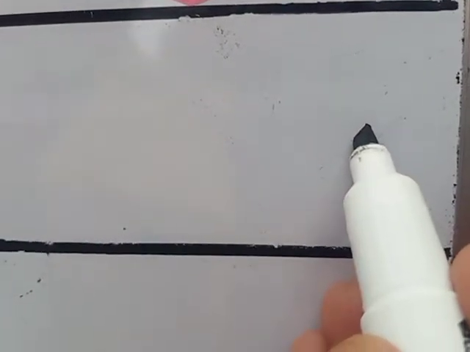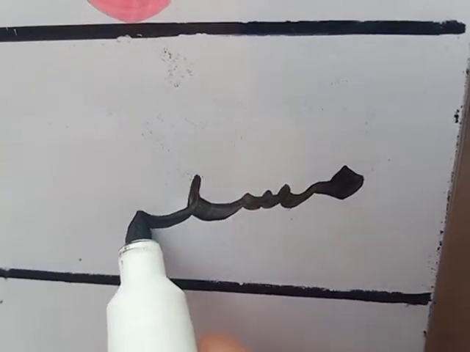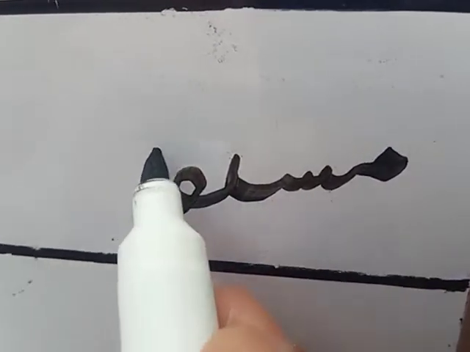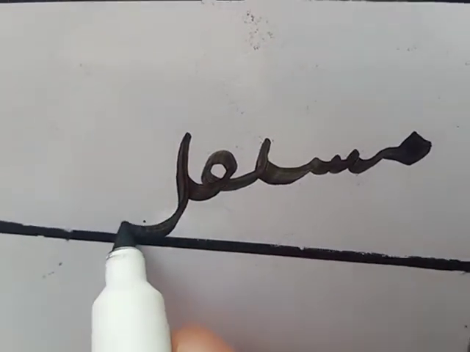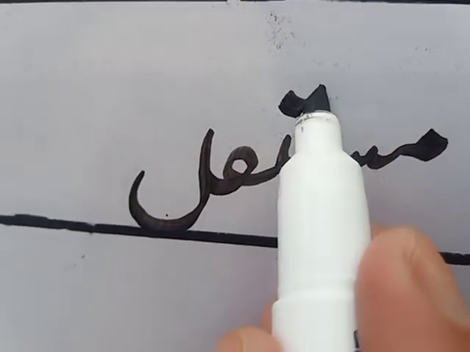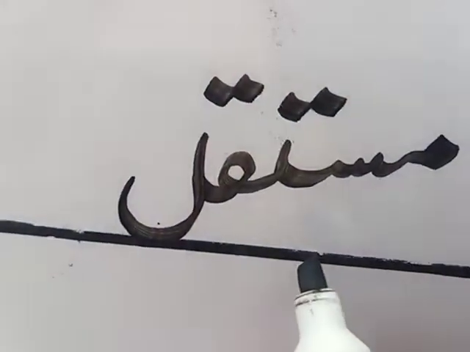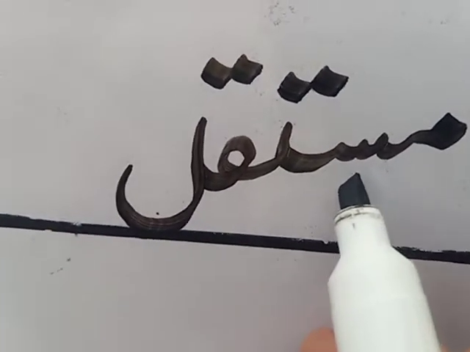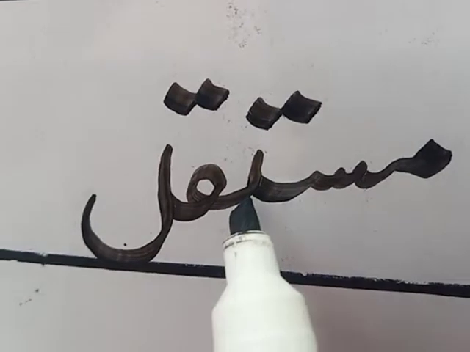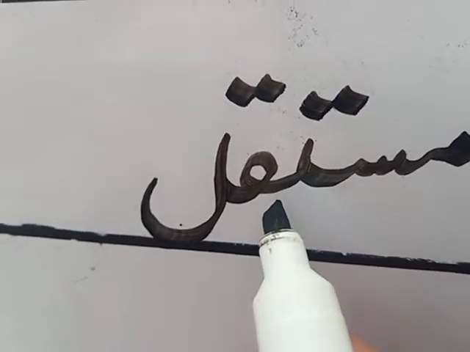Next word which we are going to write is mustaqil. You can see that in this word seen is for dandanas and te is written in shosha.